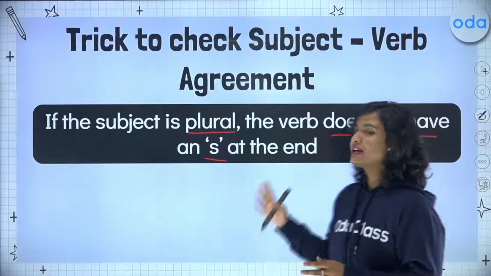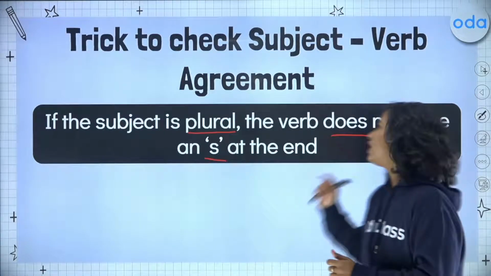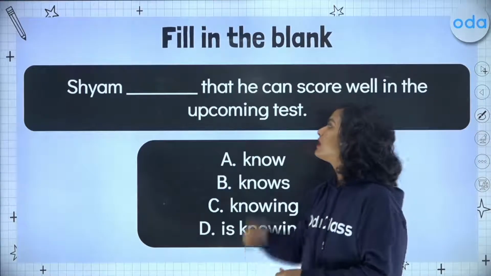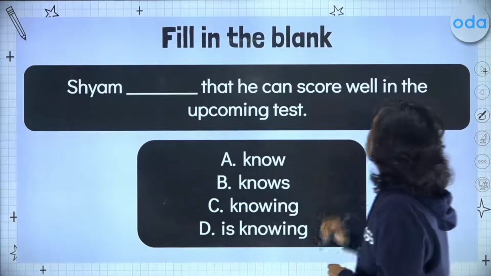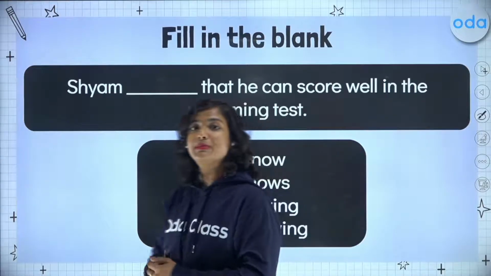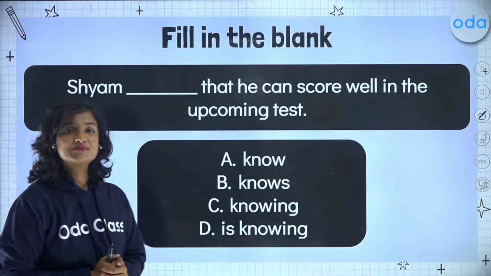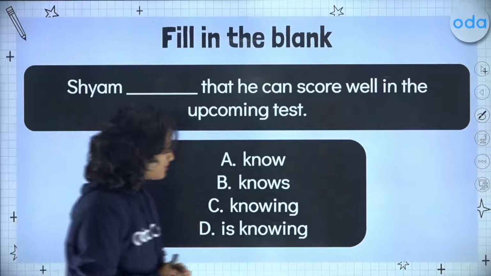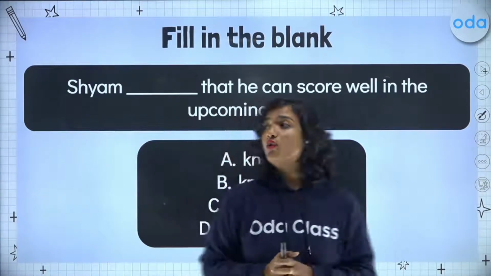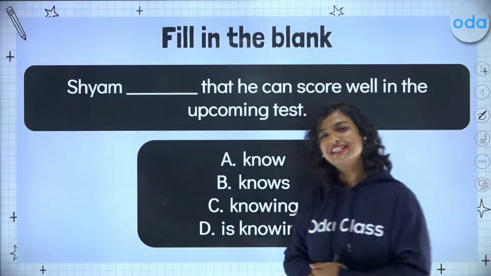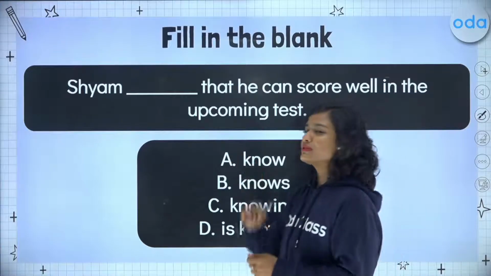Now that you have this trick, what I want you to do is solve a few questions with me. I want you to fill in the blank here. "Sham blank that he can score well in the upcoming test." What do you think goes in this blank here? Do you think I should put know, knows, knowing, or is knowing? There is only one correct answer here, students. Think about it.